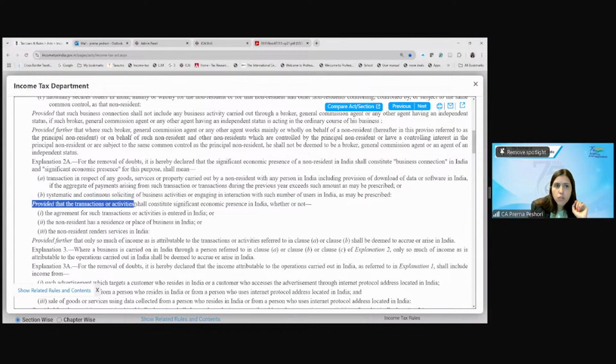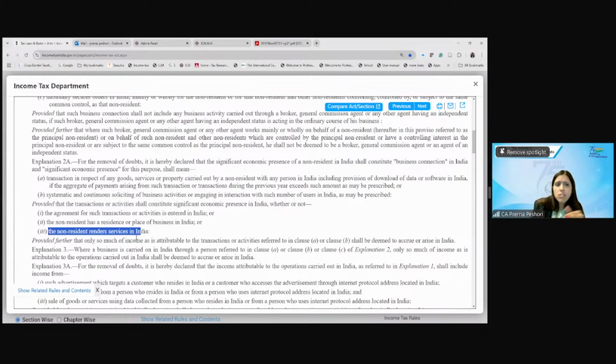Provided that the transactions or activities shall constitute the SEP in India, whether or not, meaning irrespective of, the agreement for such transactions is entered in India, or the non-resident has a residence or place of business in India, or the non-resident renders the services in India.